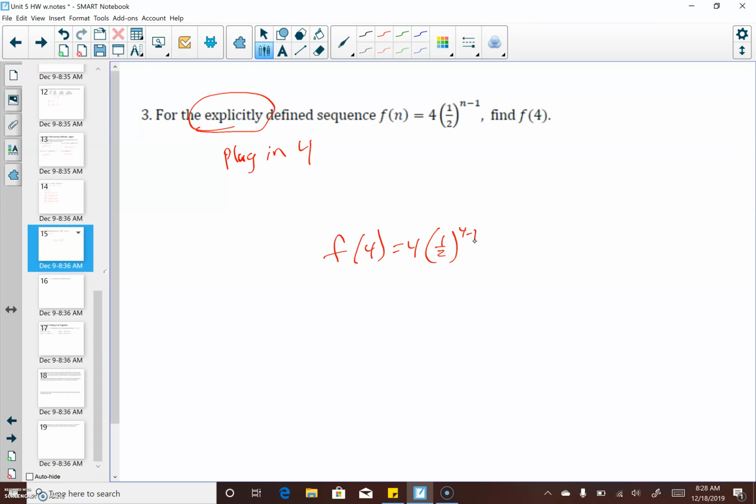We don't have to do f of 1, f of 2, f of 3, f of 4, and so on. So when we do that, 1/2 to the 4 minus 1 gives us 1/8, and 4 times 1/8 is 1/2. So we end up with a fourth term in this sequence of 1/2.